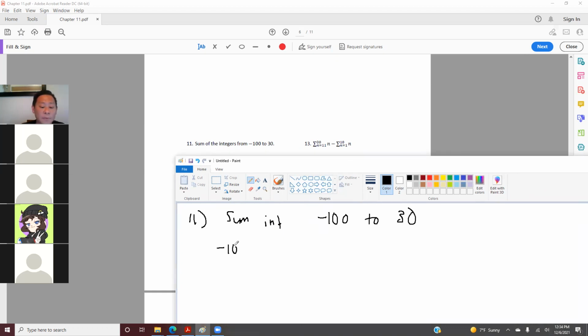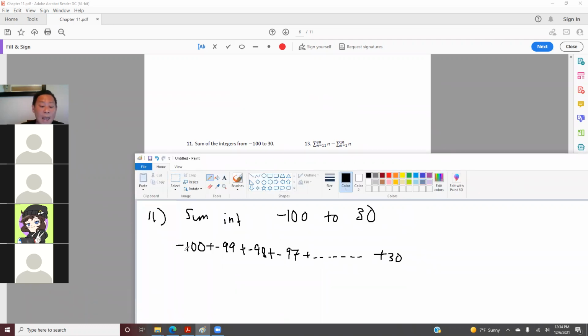It means you take -100 plus -99, plus -98, plus -97, and so on up to 30. So you take all these numbers and add them up.